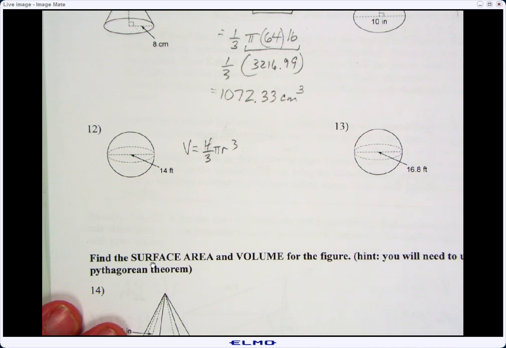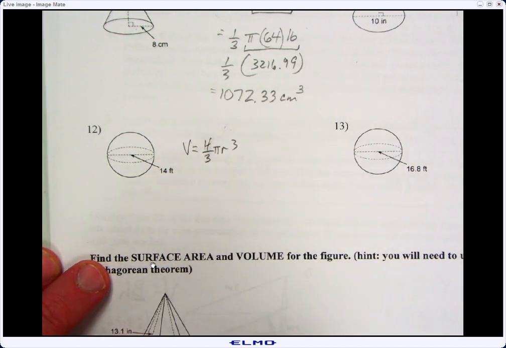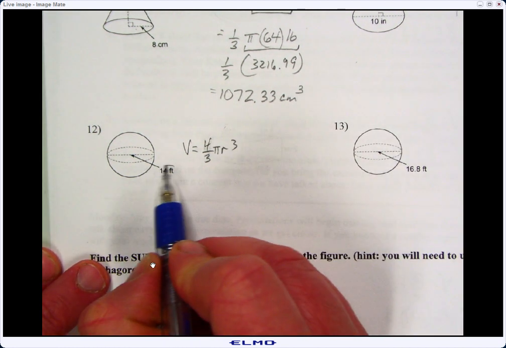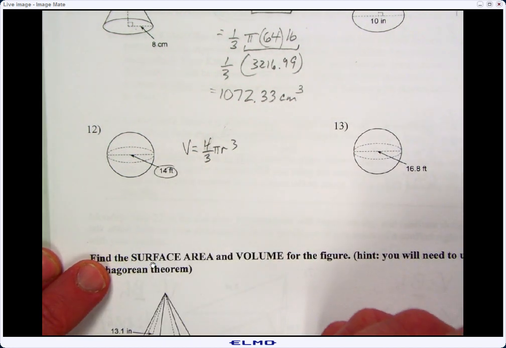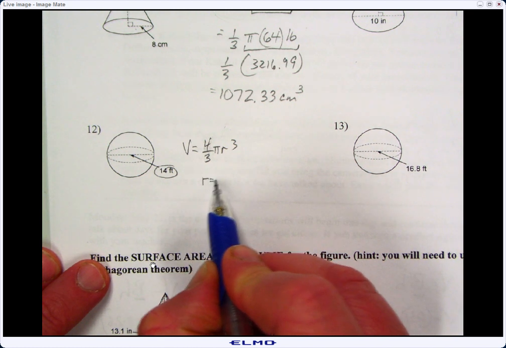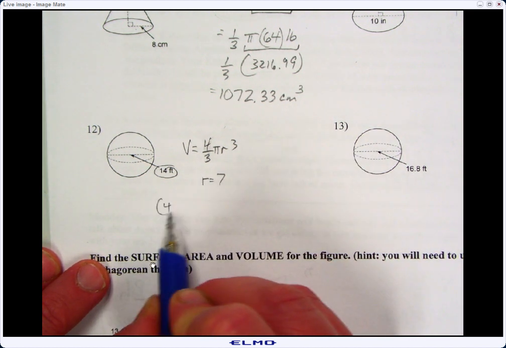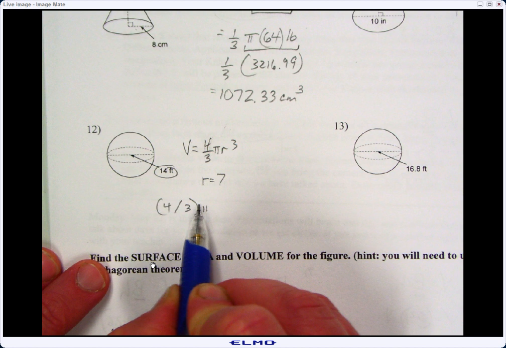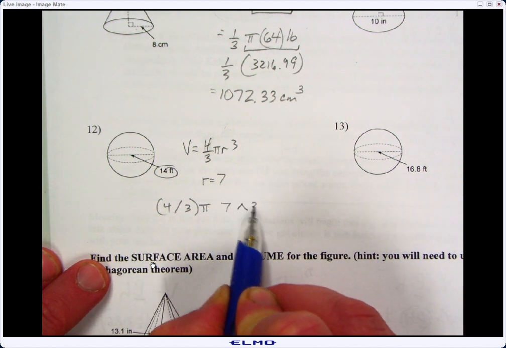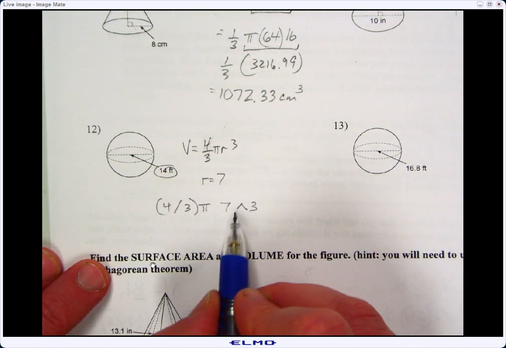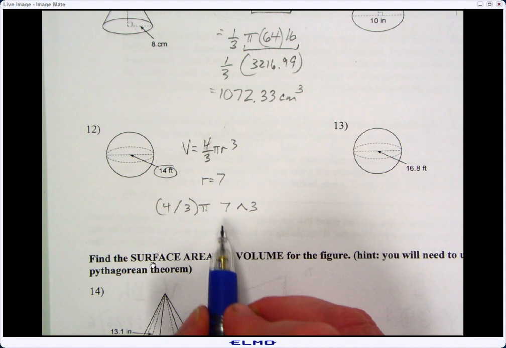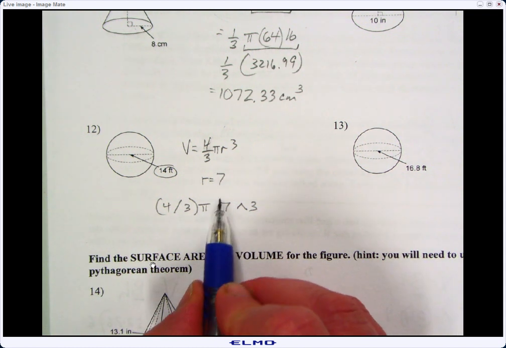And that's one that you won't have to use without a formula sheet, but it's nice to have them all together. So again, you just got to make sure you have r. This is not r. In this case, r would be 7. So if you're putting this in your calculator, 4/3 pi, 7 to the third. This is the button for that, or just do 7 times 7 times 7. It's a little caret. That's your exponent.